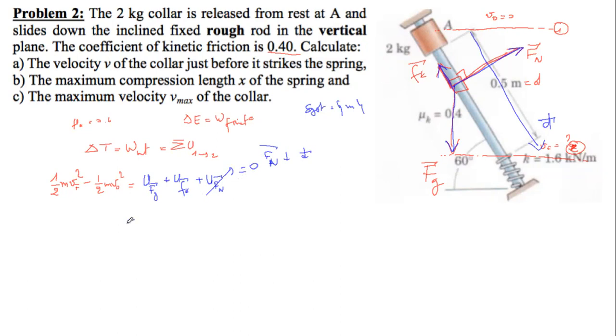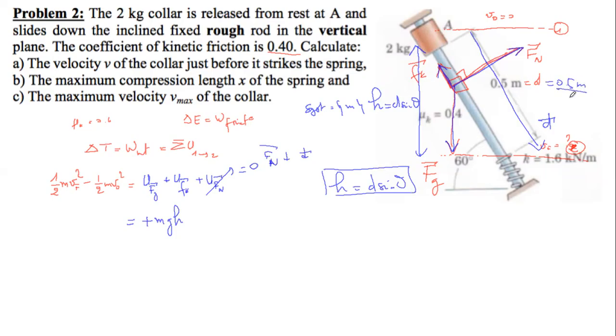What is the work of the gravitational force? It's plus mgh, H being this. The change in height is just d sine theta. So H is d sine theta. I know, by the way, d is 0.5 meters.